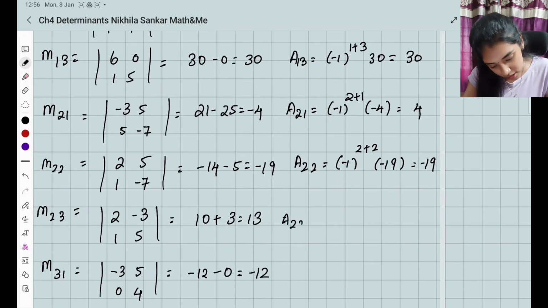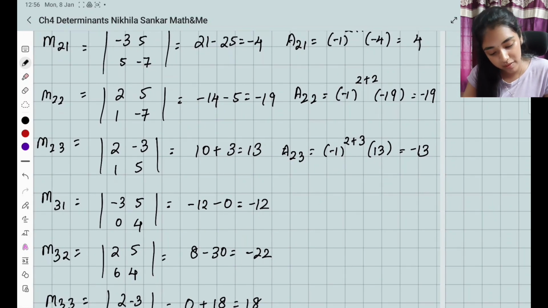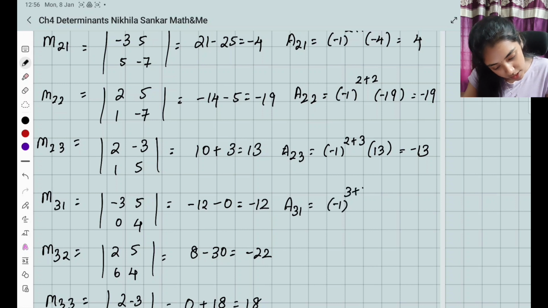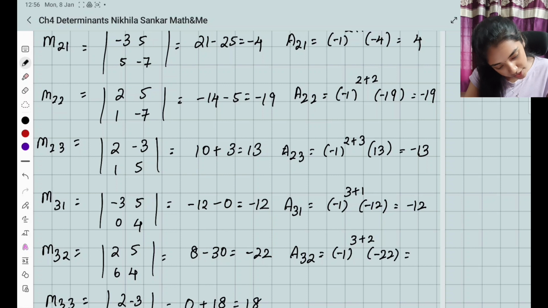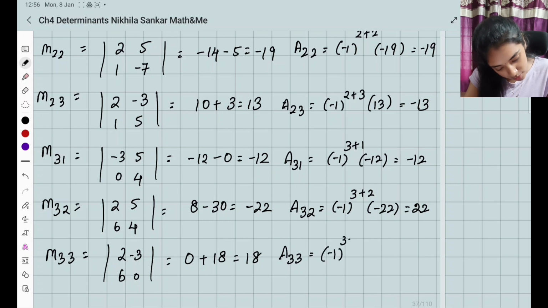Next, A23 is minus 1 to the power 2 plus 3 times 13, which is minus 13. You only need to check whether the sign stays minus 1. A31 is minus 1 to the power 3 plus 1 times minus 12, which is minus 12. A32 is minus 1 to the power 3 plus 2 times minus 22; minus minus is plus, so plus 22. Now, A33 is minus 1 to the power 3 plus 3 times 18, which is 18.